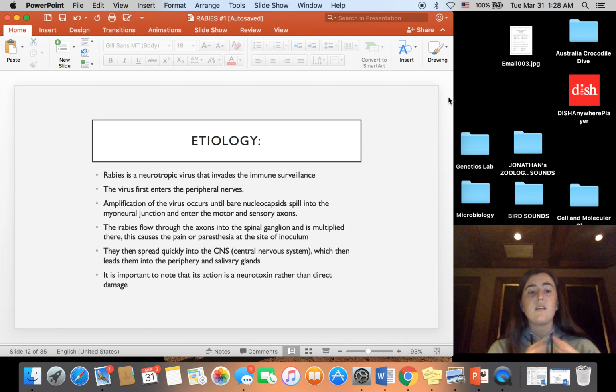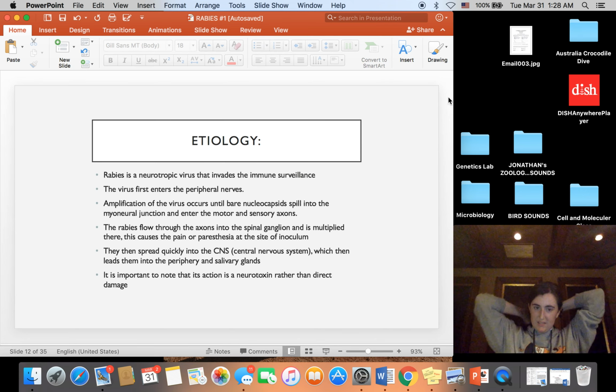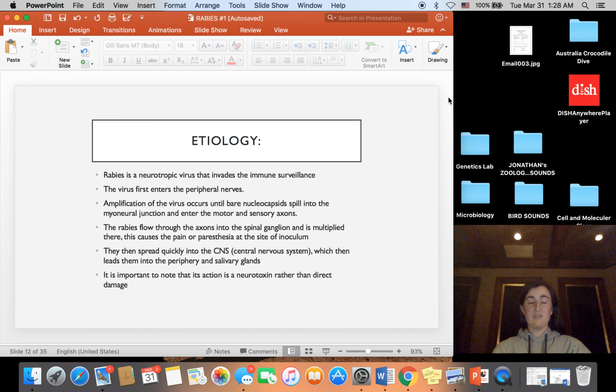Then the rabies virus flows through the axons into the spinal ganglion and is multiplied there. This causes pain or paresthesia at the site of inoculum. They then spread quickly to the central nervous system, and that leads them into the salivary glands. It is important to note that this action is a neurotoxin rather than direct damage.